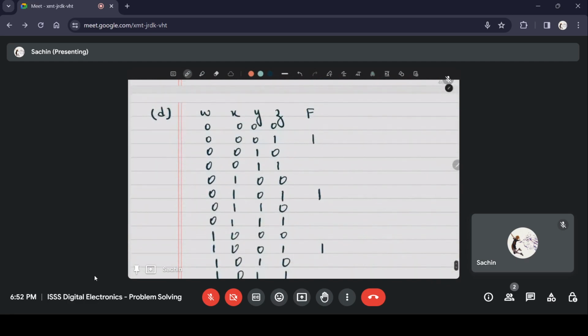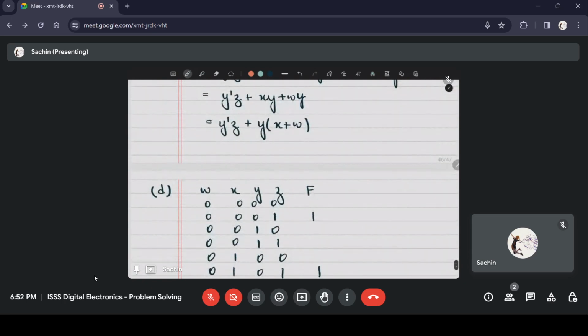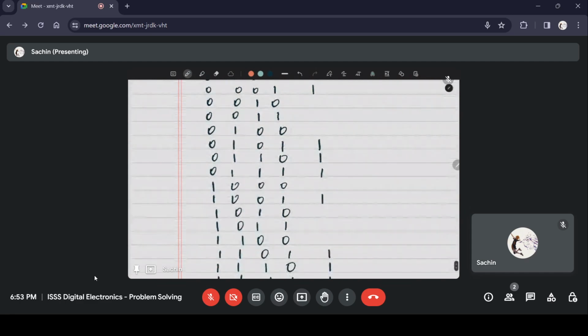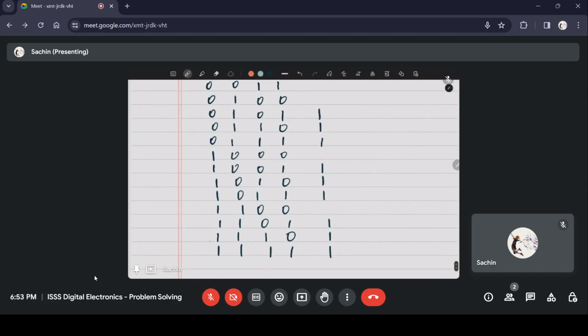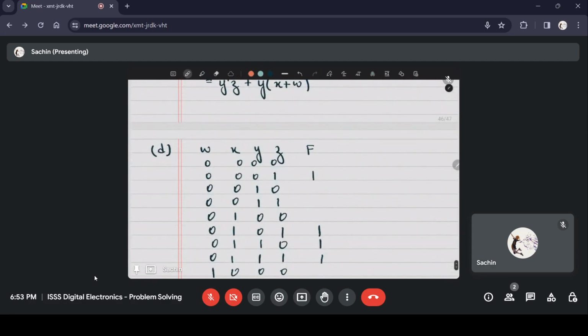So that's this and this, this and this. wy means w and y both are 1. That's this and this, and this, which are already covered. And remaining input combinations give a 0.